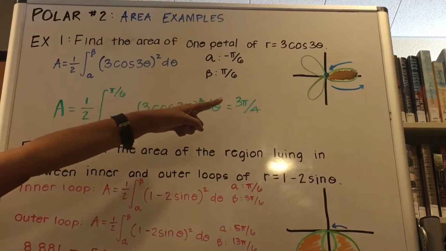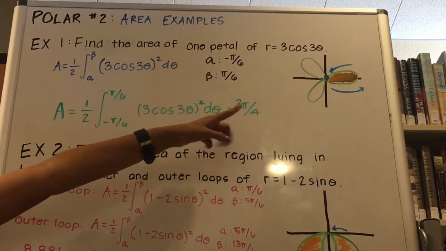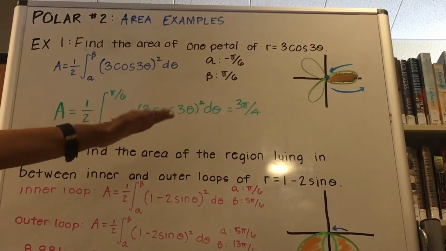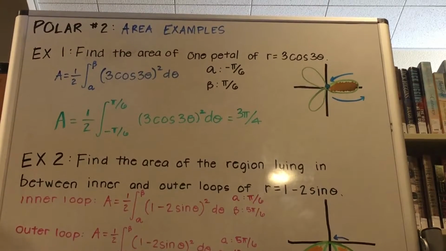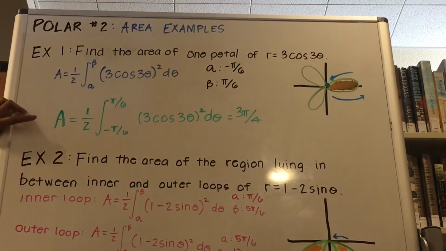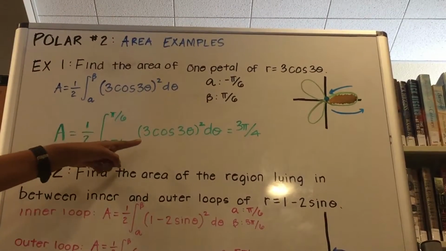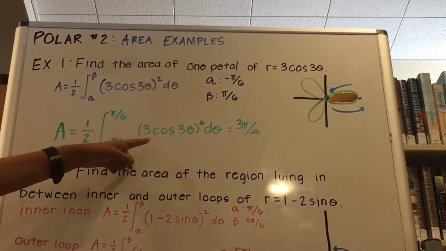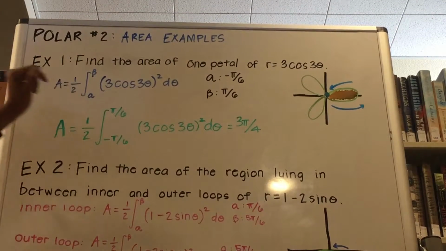As you can see from the arrows, a is where the graph starts, and b is where it hits the x-axis, or the origin, for the first time. That's the area of one petal, and that's all they're asking for. So it's 1/2 times the integral from negative pi over 6 to pi over 6 of (3 cosine 3 theta) squared d theta, and that would equal 3 pi over 4.